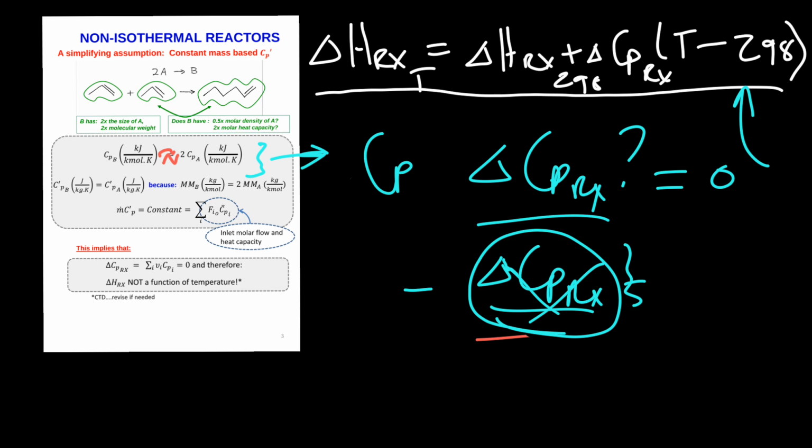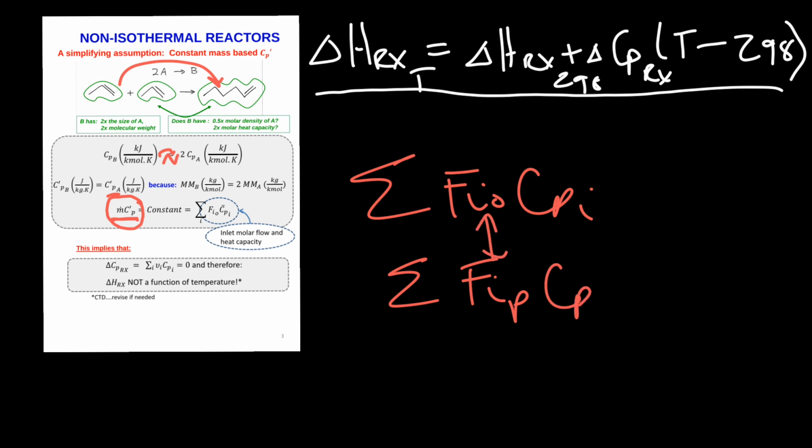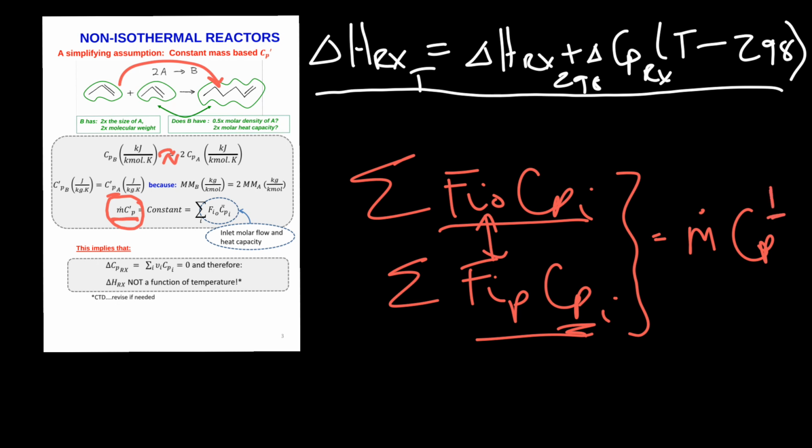So if I now calculate the mass-based heat capacity of both of them, pause the slide and make sure that you agree with the following statement: regardless of a change in the number of moles, the mass-based heat capacity of my flowing streams, whether I calculate it at the inlet or at the outlet, where the molar flow rates will be different, and I multiply it with each of the molar heat capacities, regardless of where I calculate that, it is going to give me the same value, because it's the mass-based flow multiplied by the mass-based Cp value.